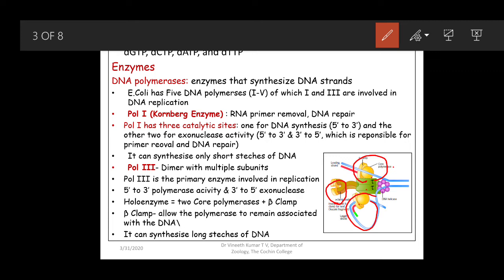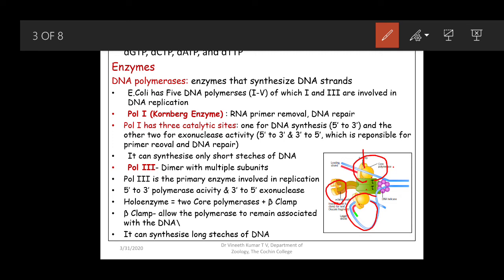The beta clamp is a C-shaped, clamp-like ring structure, which is marked here in the diagram. Its function is to allow the polymerase to remain associated with the DNA.